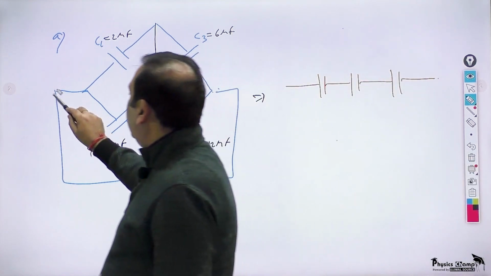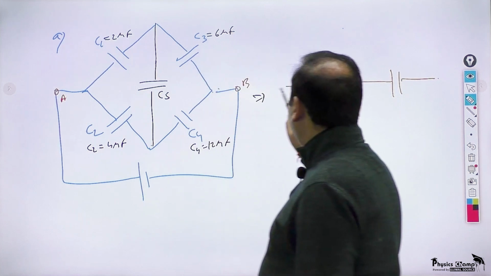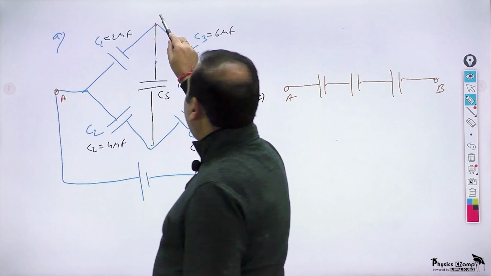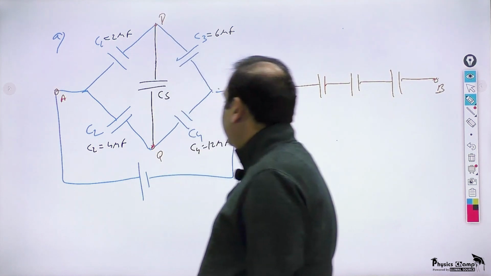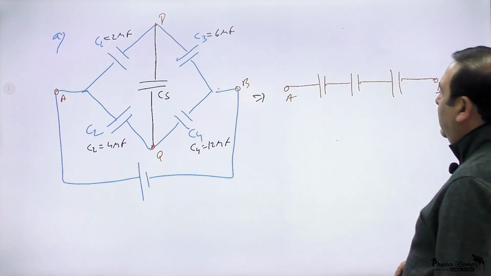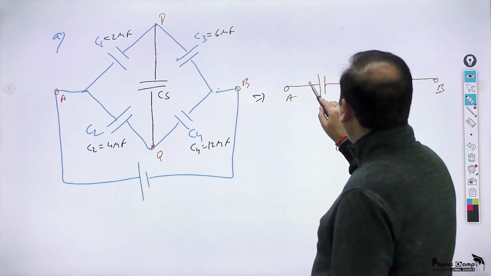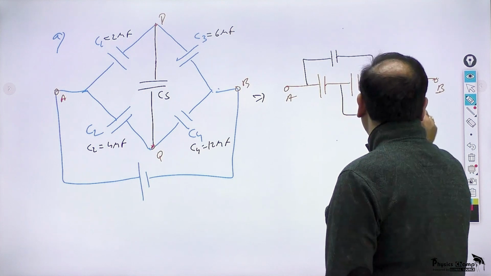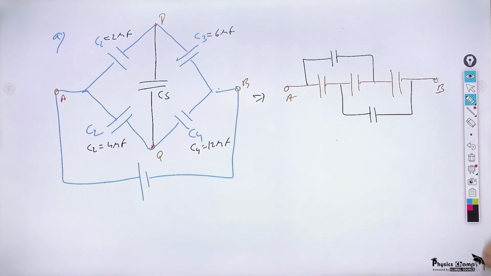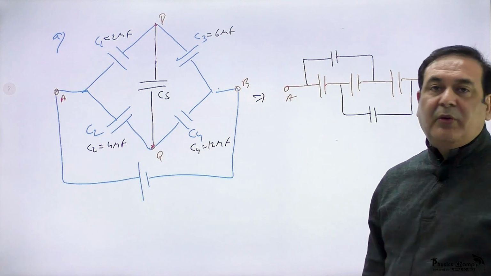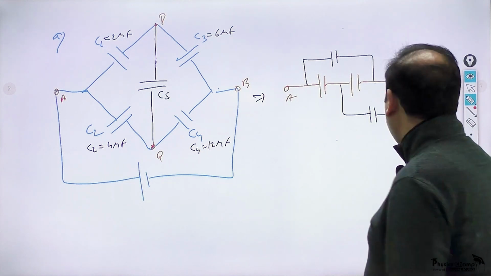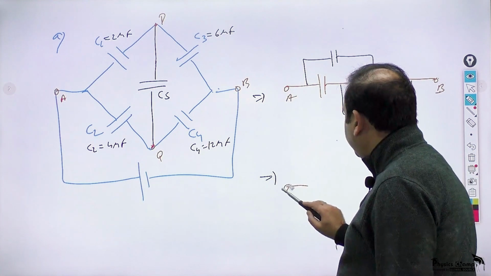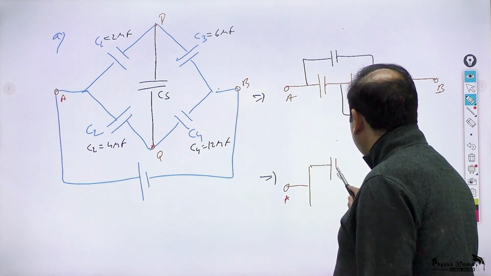This is A, this is B, and for P and Q, over here we have a capacitor connected between them like this. This is another representation of the Wheatstone bridge. Similarly, one more representation, which is simpler, is somewhat like this.